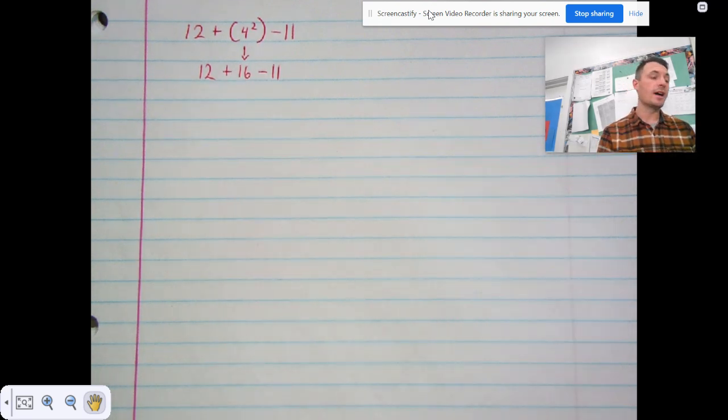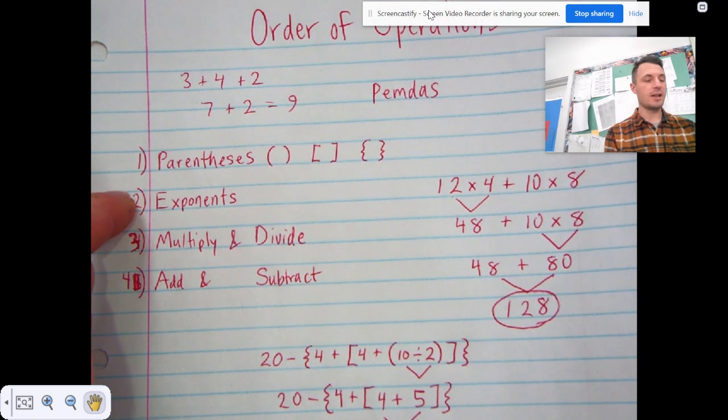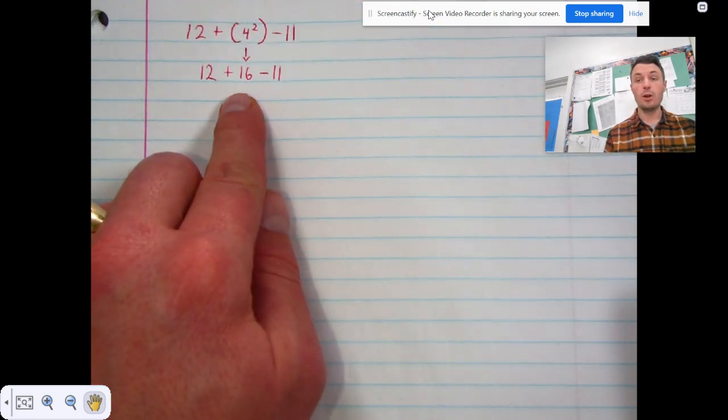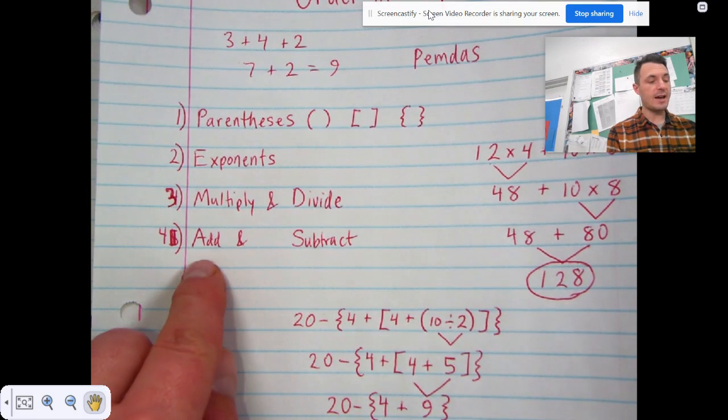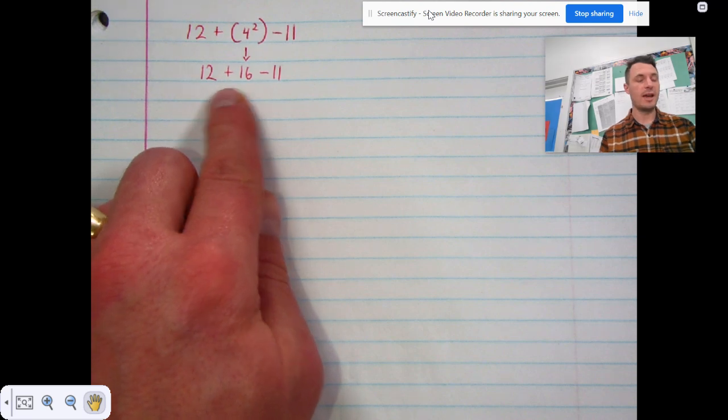Actually, let's go back to our order of operations. We just did what's in parentheses. Now next is exponents. There are no exponents here. After that, multiply and divide from left to right. There's nothing to multiply or divide. Next is add and subtract from left to right, and we have addition and subtraction.